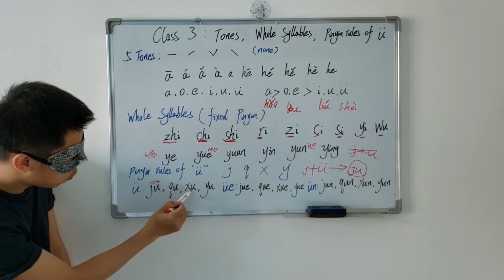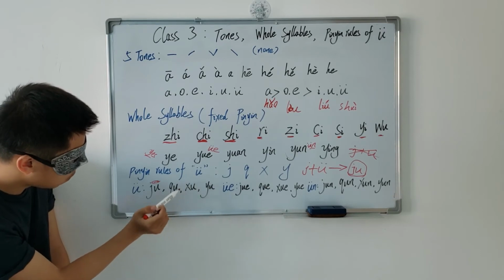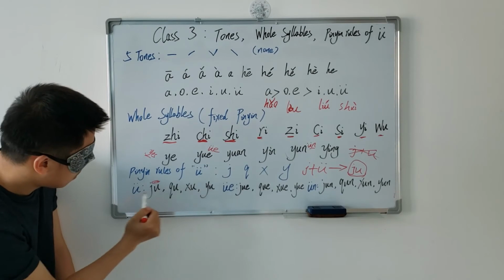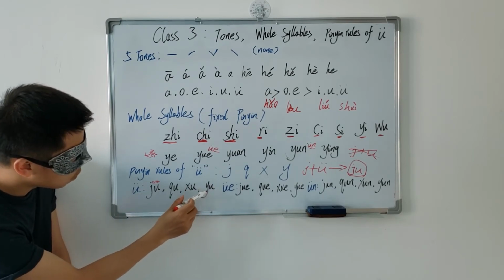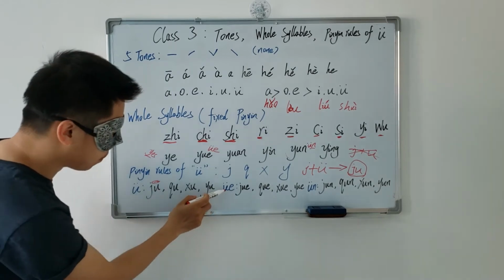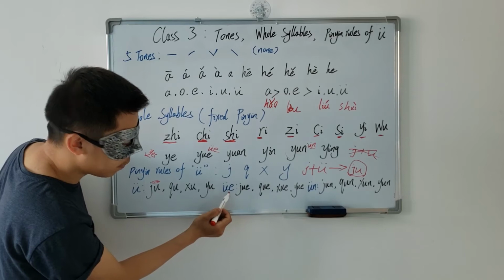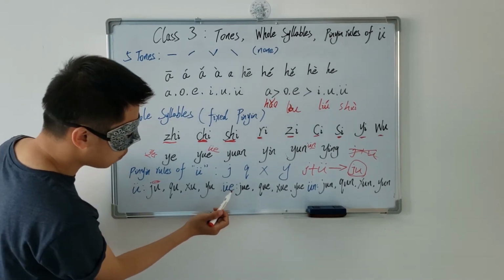Xu: xi plus U, take off the 2 points. Yu: yi plus U, take off the 2 points. Then it's yue, the final.